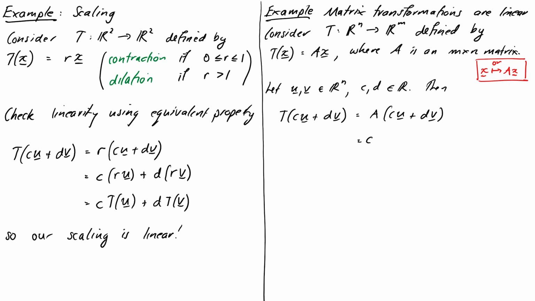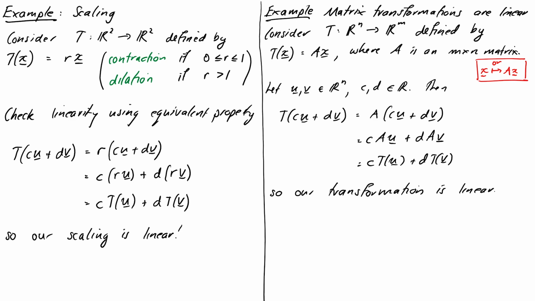We'll expand and rearrange slightly, so it'll be c times Au plus d times Av. I've tried to get those two pieces separate because what I want to get to is replacing those Au and Av terms with T of u and T of v. So that will equal c times T of u plus d times T of v. Cool, so that means any matrix transformation is therefore linear.